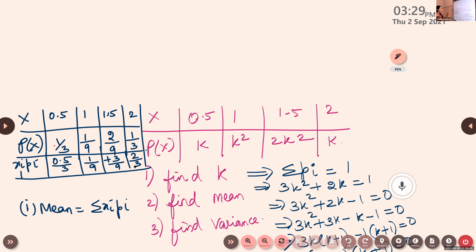Now add up all these values, and you will get the mean. So the mean will be 0.5 by 3 plus 1 by 9 plus 3 by 9 plus 2 by 3. Simplify this and check what the mean is.